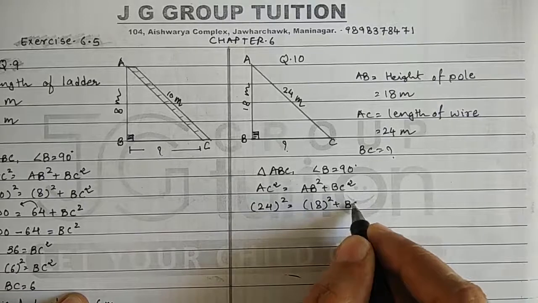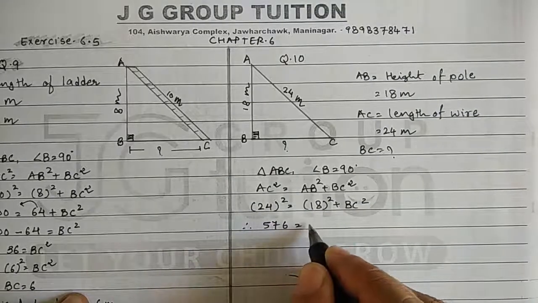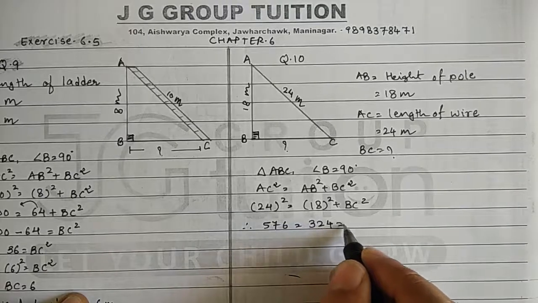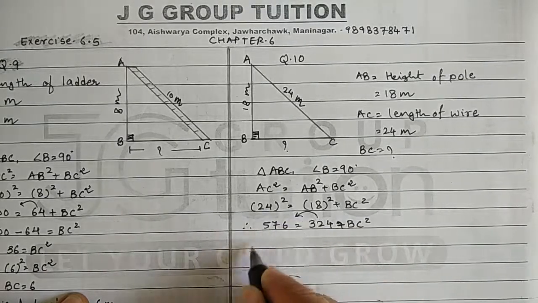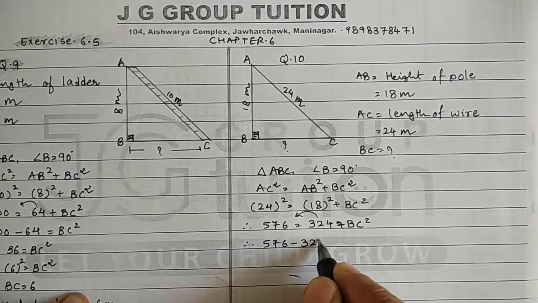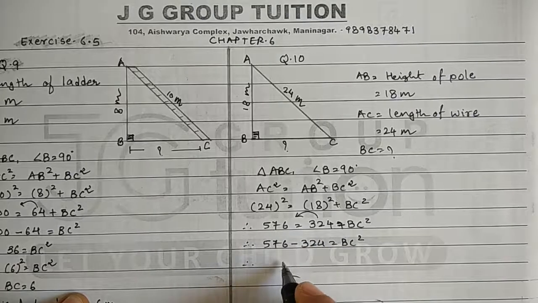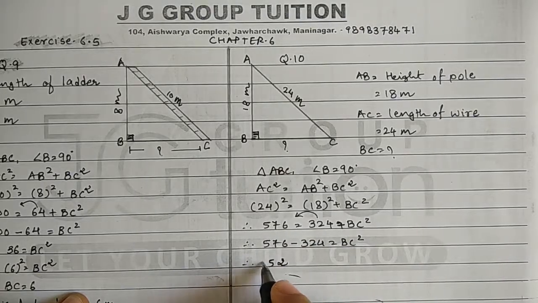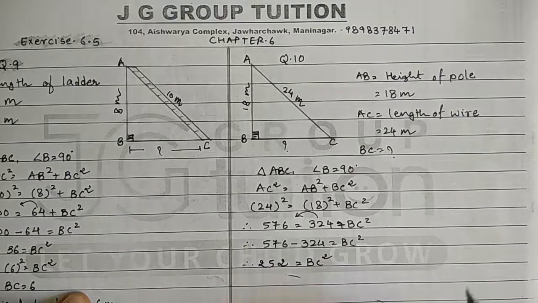BC square we have to find out. Square of 24 is 576. 18 squared is 324 and this is BC square. Plus, I will take this to the left hand side, it becomes subtraction. So let us do the subtraction. That comes to 252. So BC square is 252.